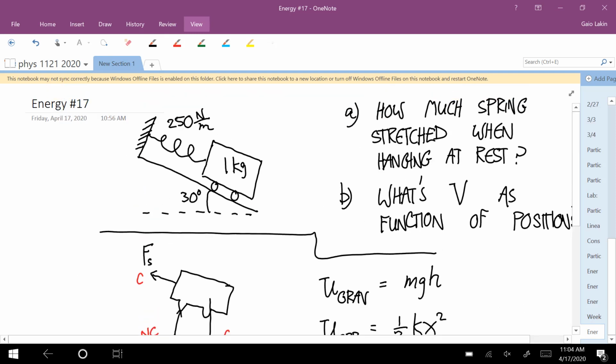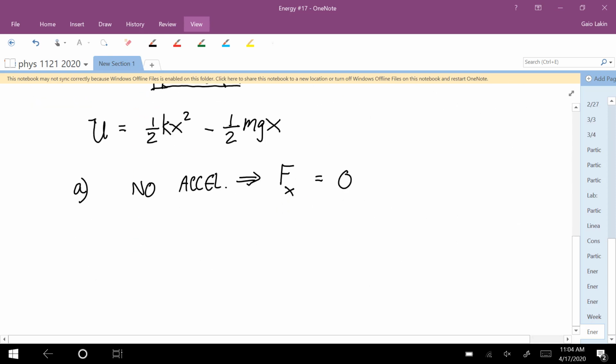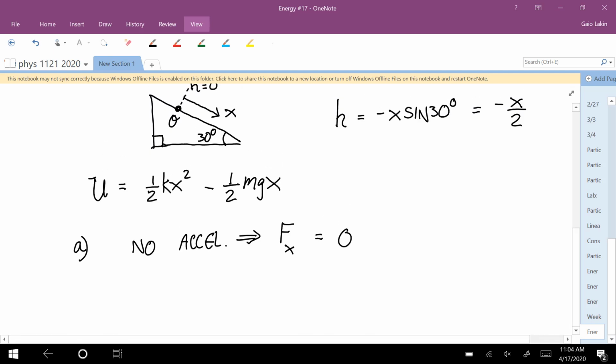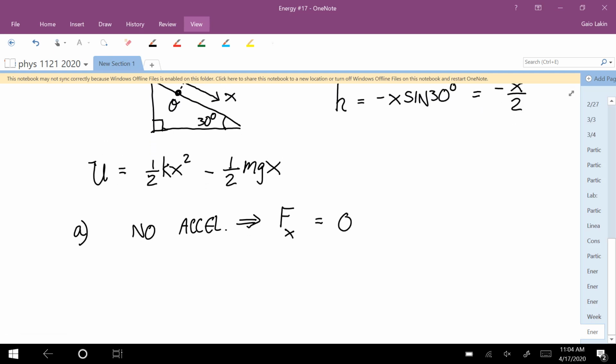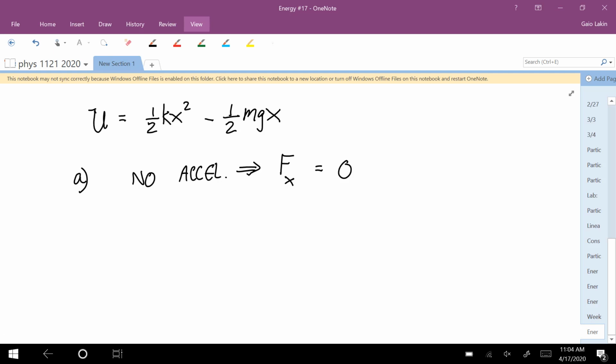I've already shown the direction of my x-axis, and I'm going to call this my y-axis. How do you get from the potential energy to the force? The x component of the force is the negative partial derivative of the potential energy with respect to x.